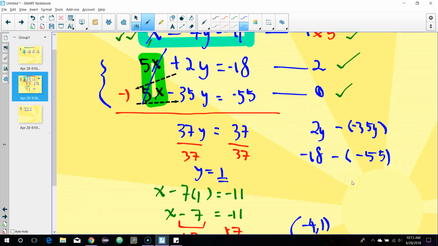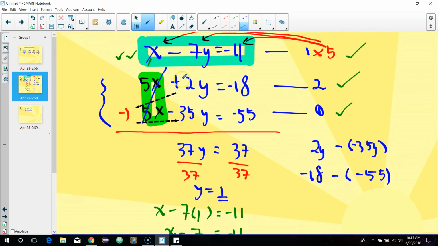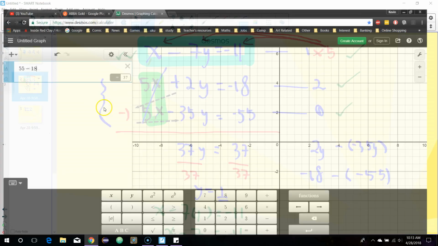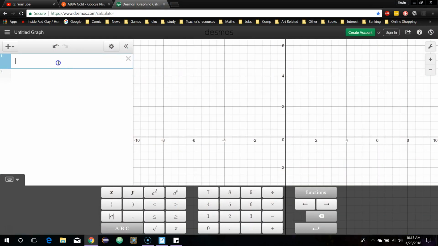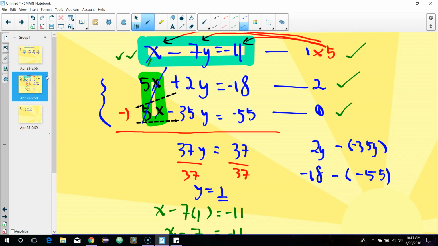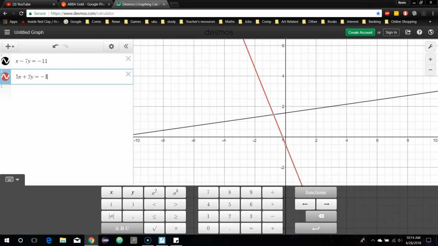We can always check the result. I can always go back to decimals and check to see if it's correct or not. x minus 7y is equal to negative 11. And then 5x plus 2y is equal to negative 18.